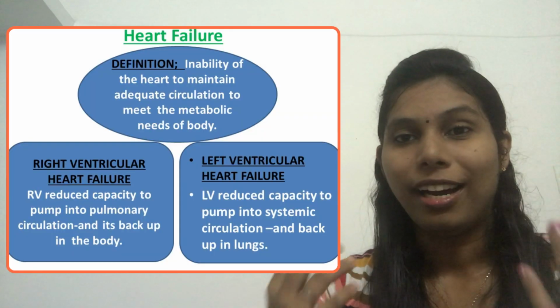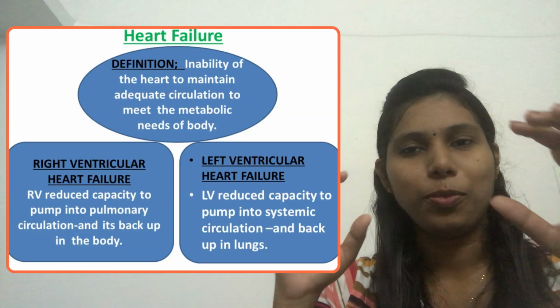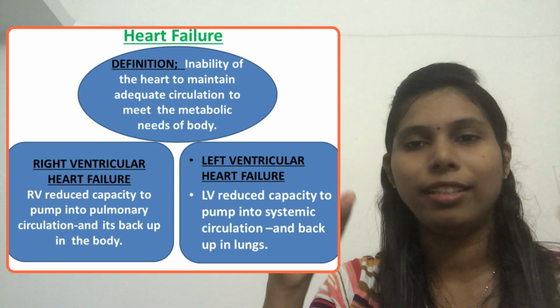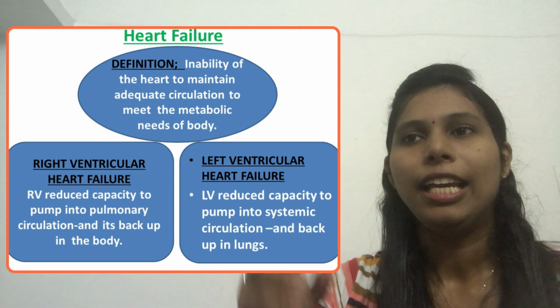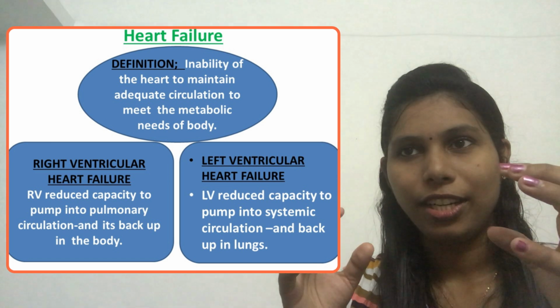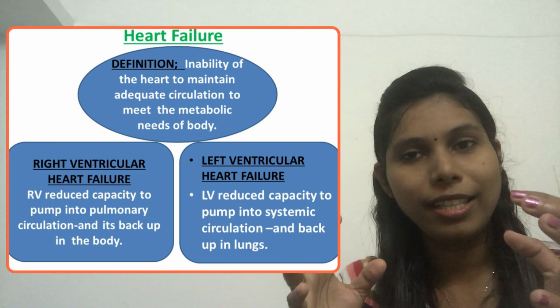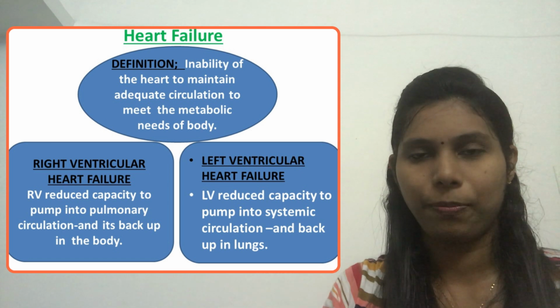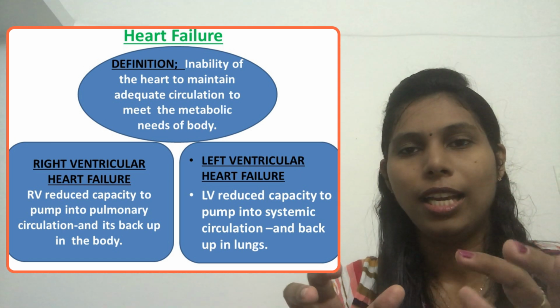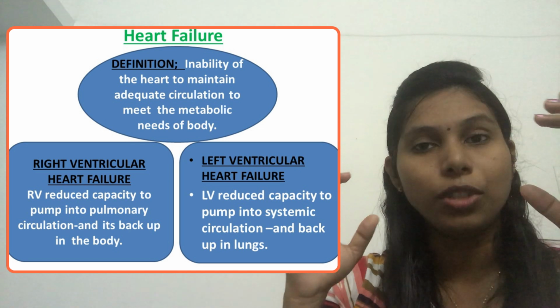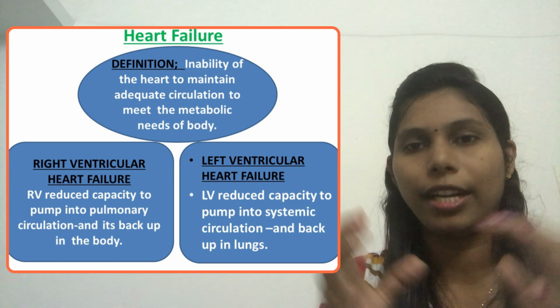So let us start. What do you mean by heart failure? What is the small definition or the point that is in your mind? Inability of the heart to maintain adequate circulation to meet the metabolic needs of the body. That is very simple. We know that the heart should work properly. There should be enough cardiac output.